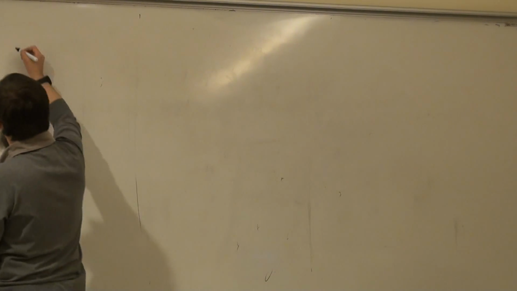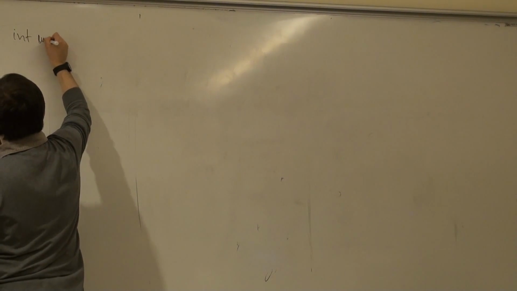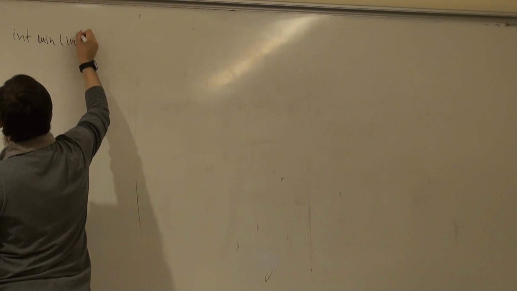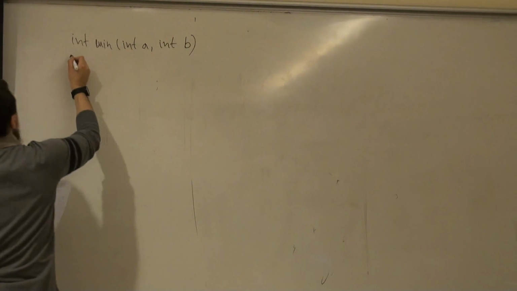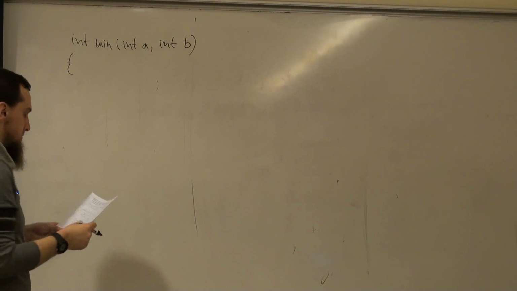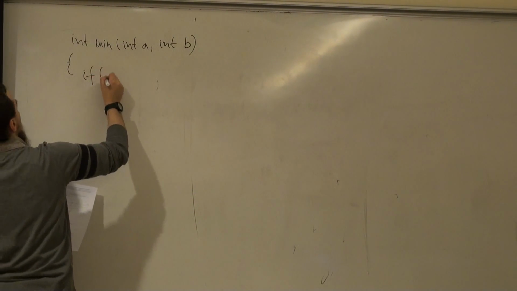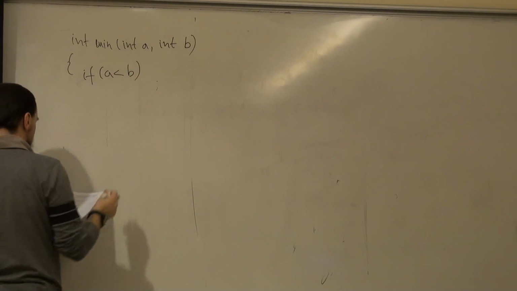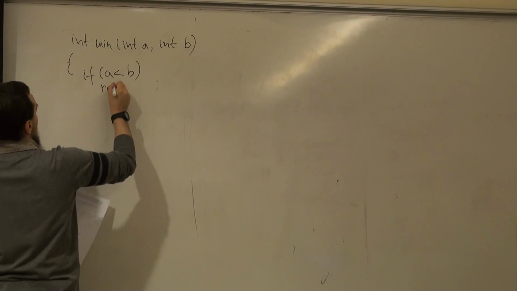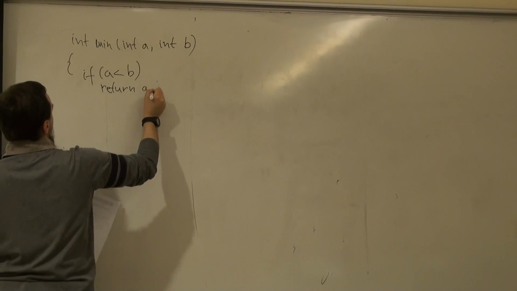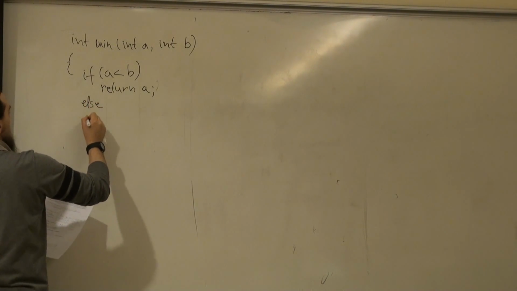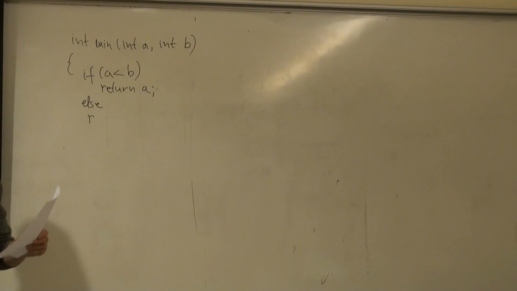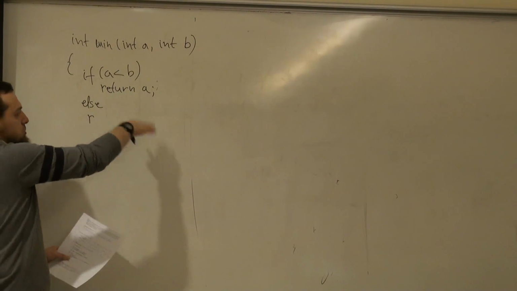That's why first we are going to define a function which is called minimum. It takes two integer parameters, a and b, and it returns the minimum of them. Trivial function, rather. So if a is smaller than b, then of course return a. Otherwise, else, we don't even have to write this else, because if we have one return, the function automatically finishes.